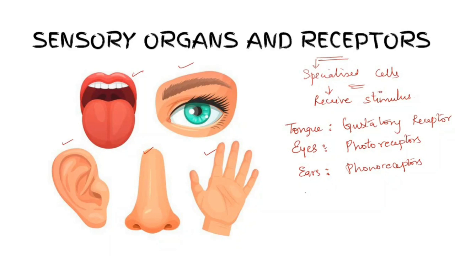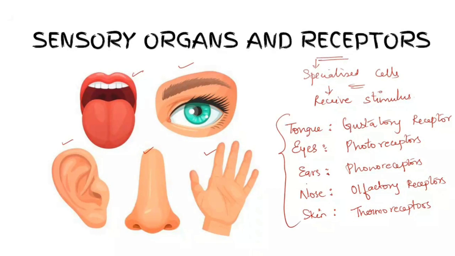And then in the nose, to sense the smell, we have the olfactory receptors. And the last one, skin, which is the largest organ in the human body, we have the thermoreceptors. So the names of these receptors are very, very important. Please try to remember them.